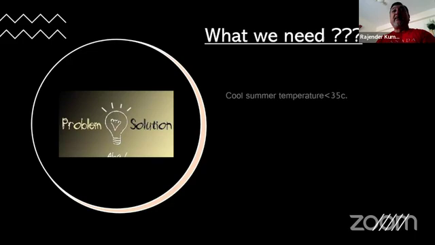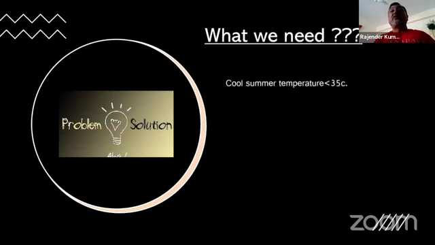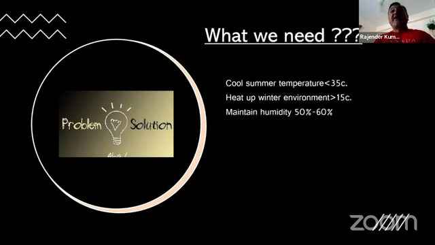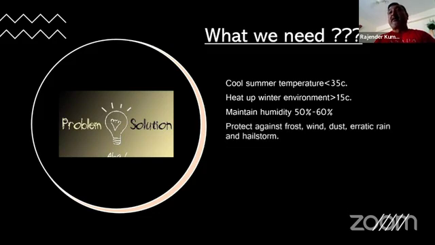So what we actually need is to cool down summer temperature to less than 35, heat up the winter environment to more than 15 degrees centigrade, maintain humidity between 50 and 60%, and protect crop or structure against wind, frost, dust, erratic rains, and hailstorm.